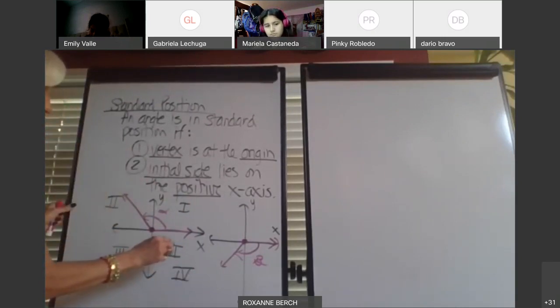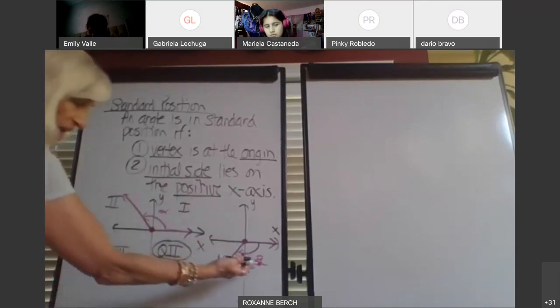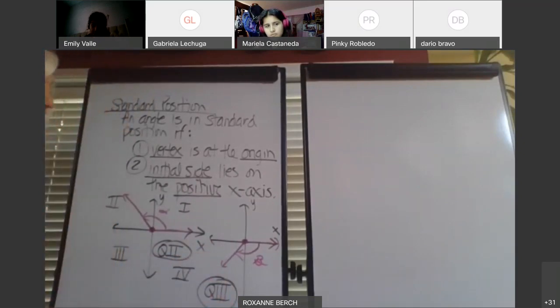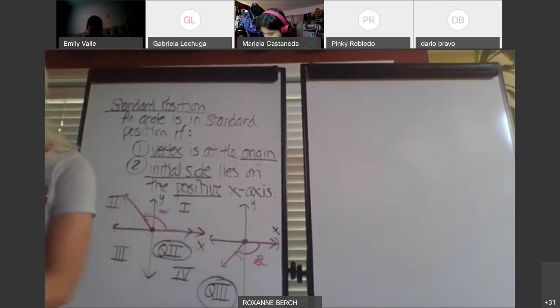So our angle is in quadrant 2 because of the terminal side. This angle is in quadrant 3 because the terminal side is in quadrant 3. So these are all things you're going to have to do in the very near future. This is the initial side, terminal side, initial side, terminal side.